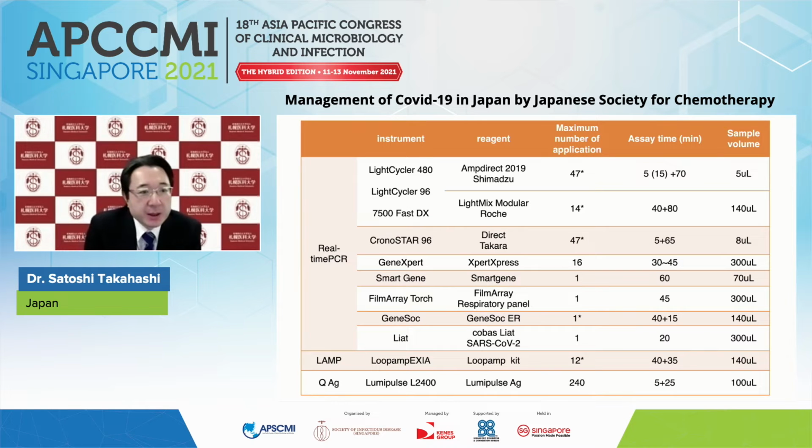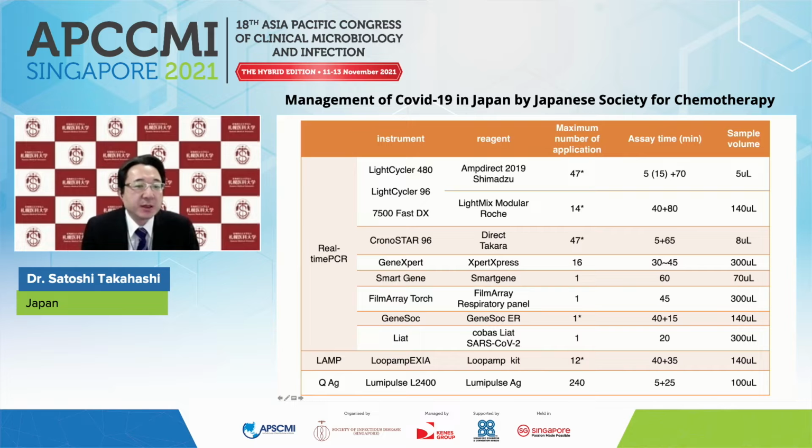We have many instruments to detect SARS coronavirus 2. We can use real-time PCR, we can use rapid nucleic acid amplification test, and we can use quantitative antigen test.